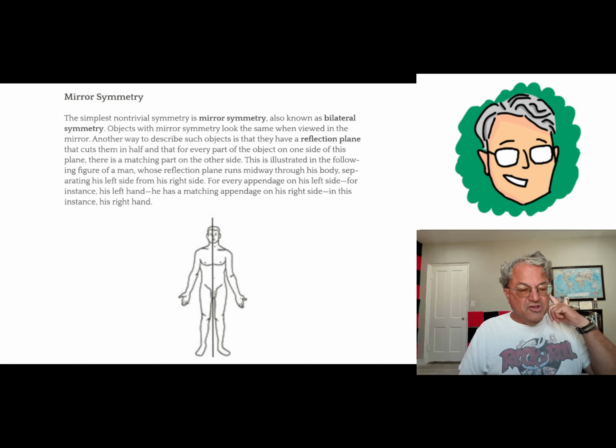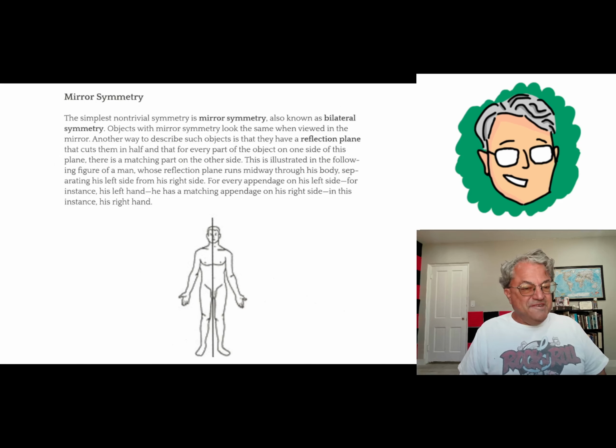Mirrors create an image of the object that you're looking at, but the interesting thing about the mirror image is that it has a symmetric relationship with the object that it's reflecting. You can think of the mirror image as being in back of the mirror, and it's symmetrically placed with respect to the plane of the mirror, meaning that for every point on you, there's a point on the mirror image that's on the opposite side of the mirror, the same distance away.